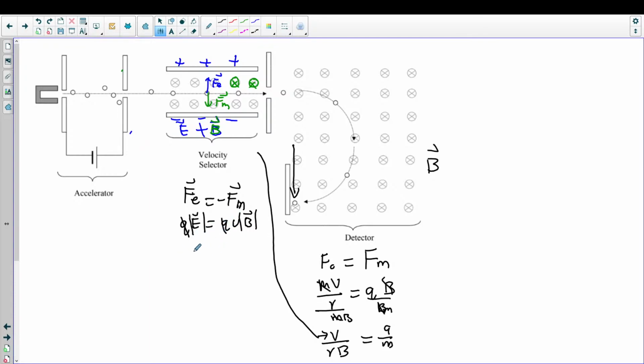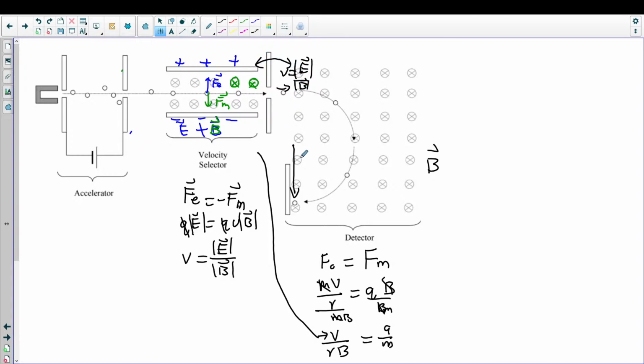With a quick rearrange, you'll see that v must equal the ratio between the electric field and the magnetic field. So whatever particle comes through here, the speed must equal E over B.